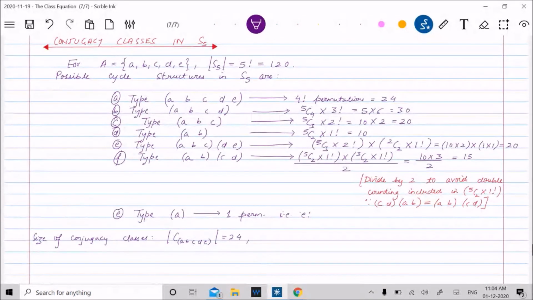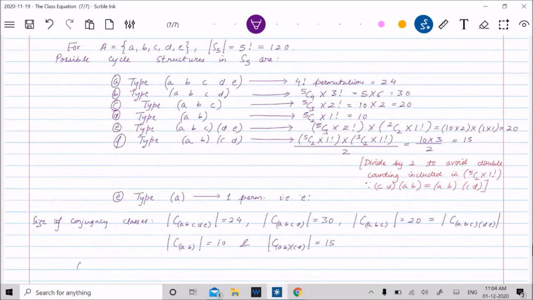And then the 4-cycles A, B, C, D, these are 30 in number, and then the 3-cycles A, B, C, these are 20 in number, the transpositions A, B, these are 10 in number, and the product of a 3-cycle and a transposition, A, B, C, D, E, that is also 20, and the last is the product of two transpositions, A, B, C, D, and these are 15 in number, right?